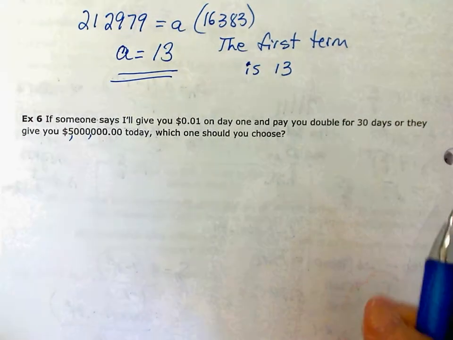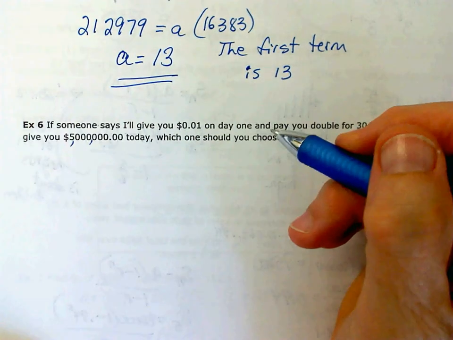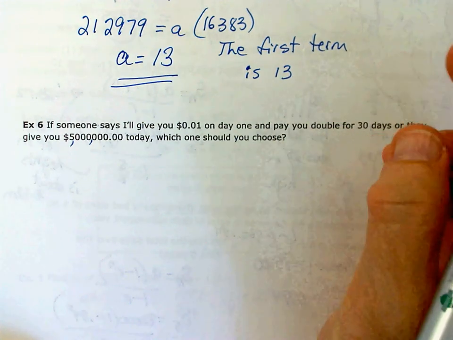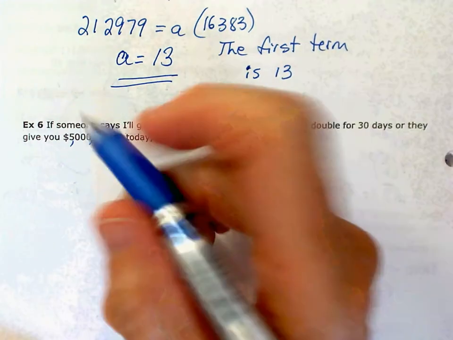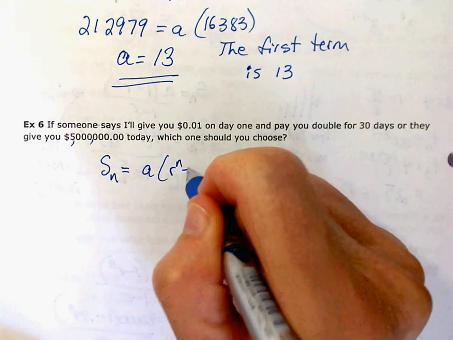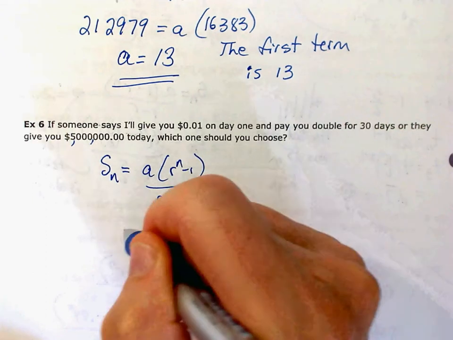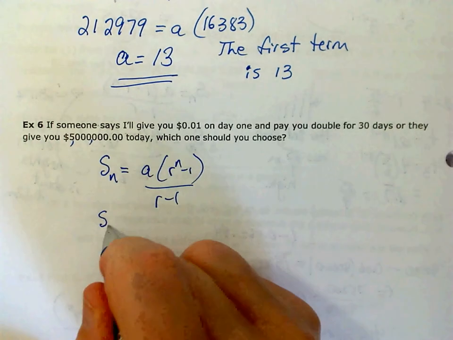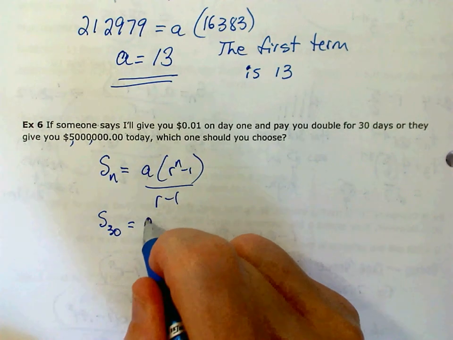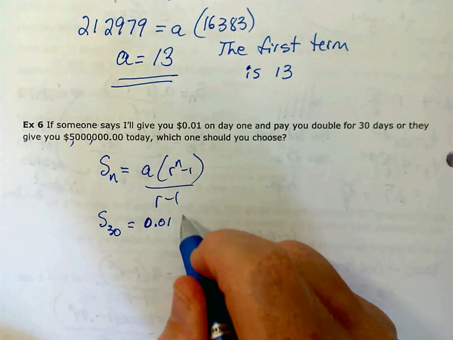Anyone else have a different alternative? Watch what happens. Okay, Sn equals a. So S of 30, our first term is a penny, right? Now it's doubling. 2 to the 30.